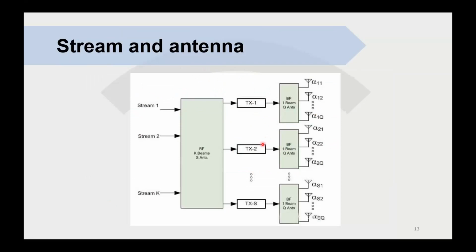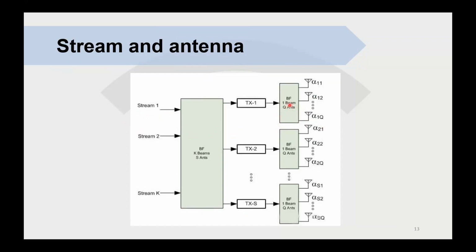So first of all, we need to figure out the definition of string and antenna. A string, I think we can refer to as an individual message flow, and we can get the information from this figure.